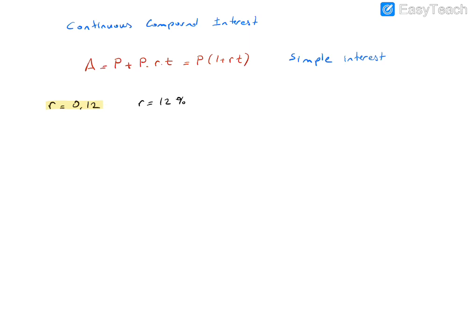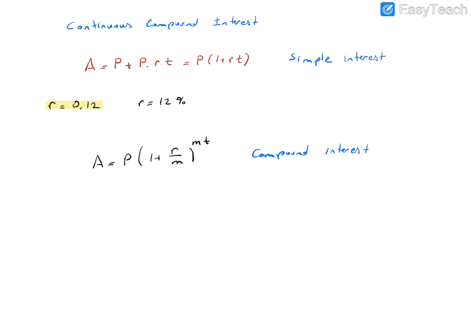On the other hand, if interest is compounded m times a year, then the borrower will owe the lender an amount A given by the following formula: A equals P times 1 plus R over m to the power m times T. This is the compound interest formula, where R over m is the interest rate per compounding period and m times T is the number of compounding periods.